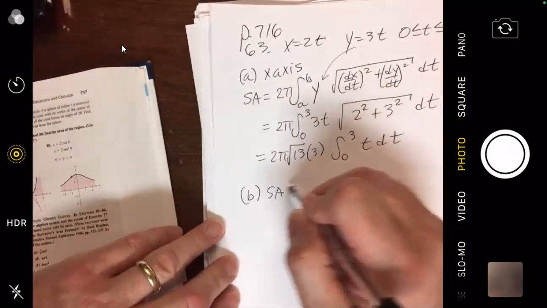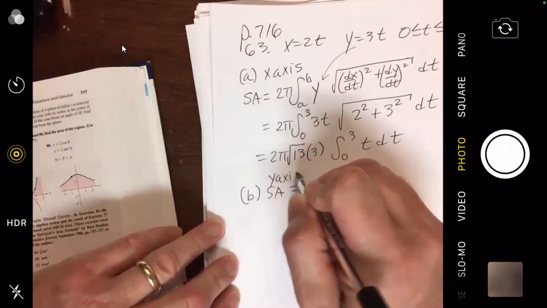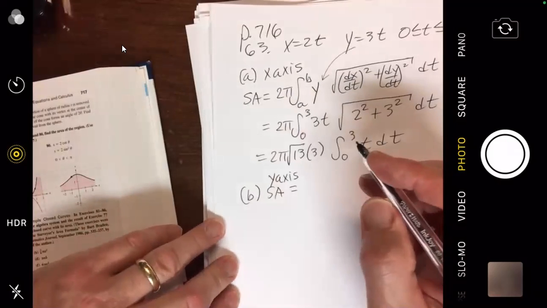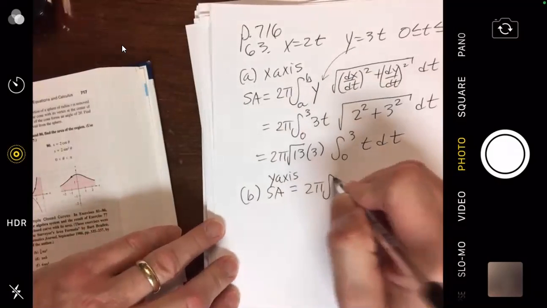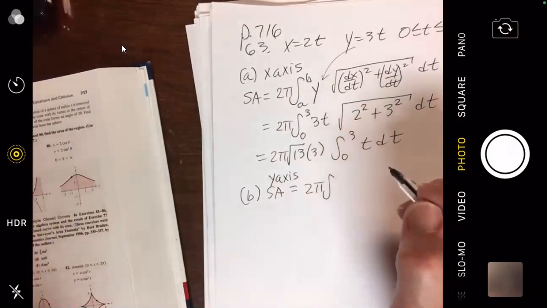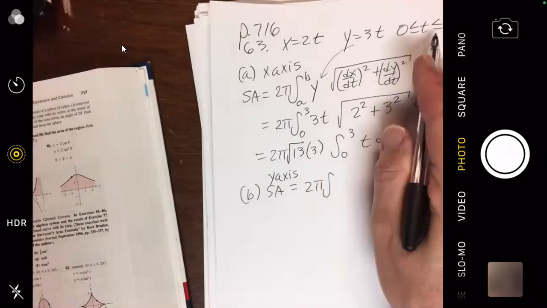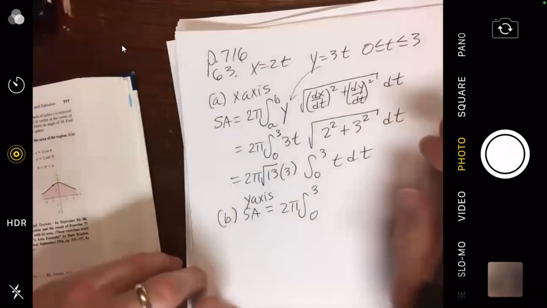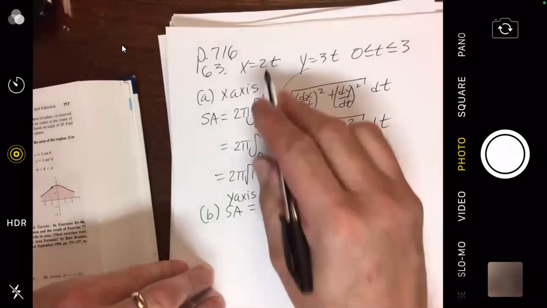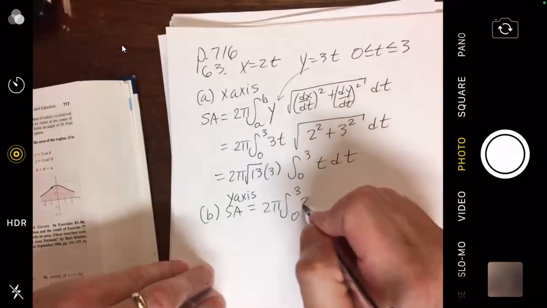you'd have, this is a y-axis. You would have 2 pi integral from, now this is going to be, no, actually, same thing. You're doing in terms of the parameters. So it's really 0 to 3. You don't have to worry about x numbers and y numbers. Yeah, but you do need to put in the x. So that's 2t.